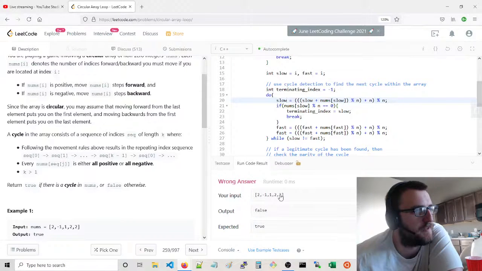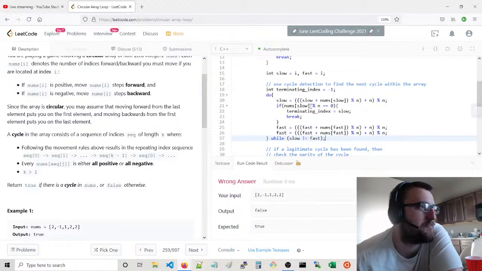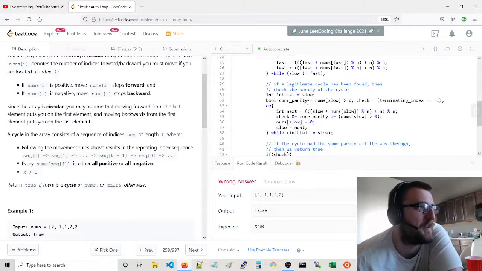Slow goes here, fast goes here, here. So they meet at the first index. They're never equal. None of this ever happens.